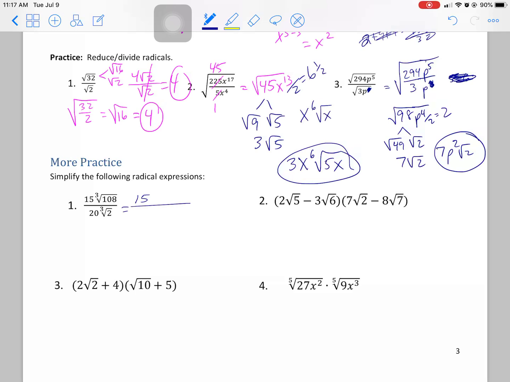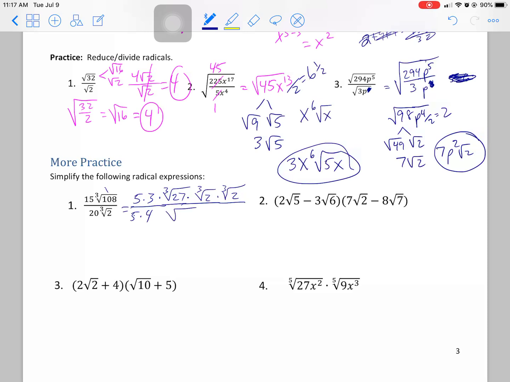You know what? I'm trying to see the best way to show you. Let's go with 5 times 3. This is 5 times 4. The cubed root of 108 is the cubed root of 27 times the cubed root of 4, because 4 times 27 is 108. So I can do that.